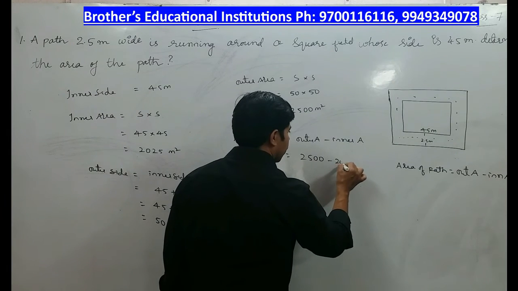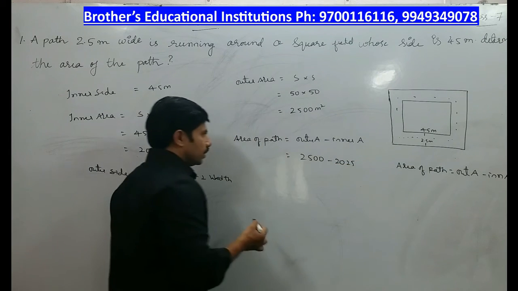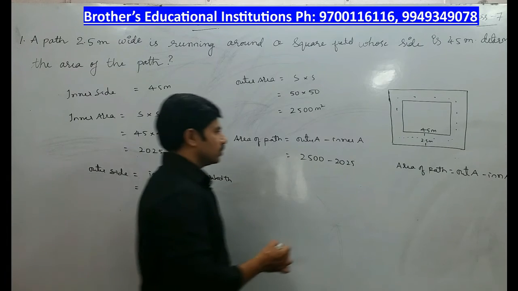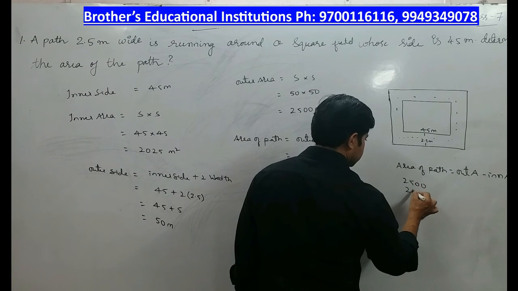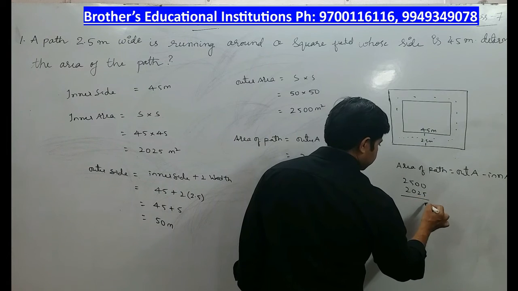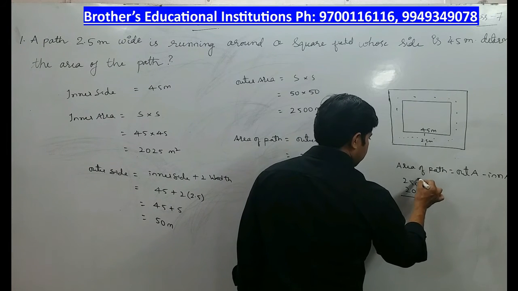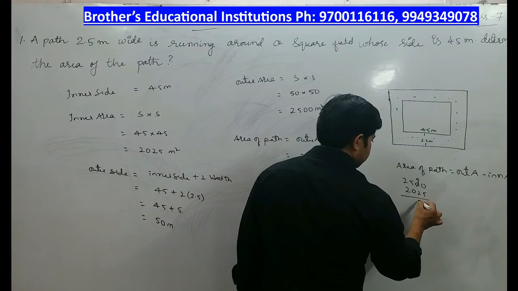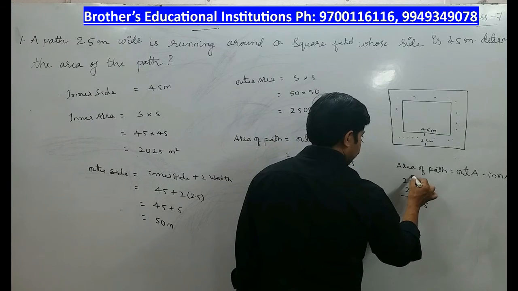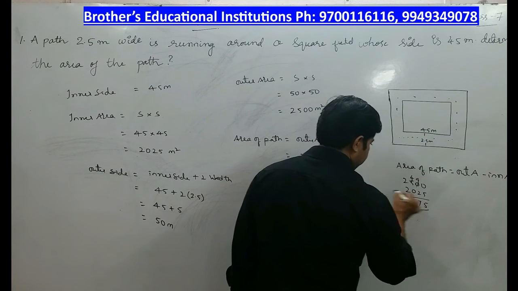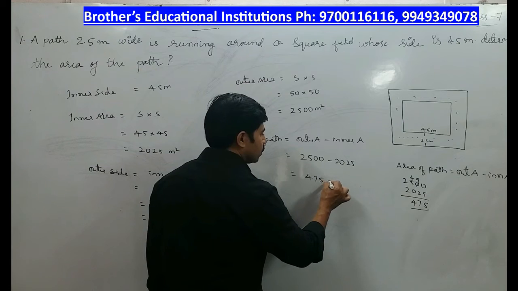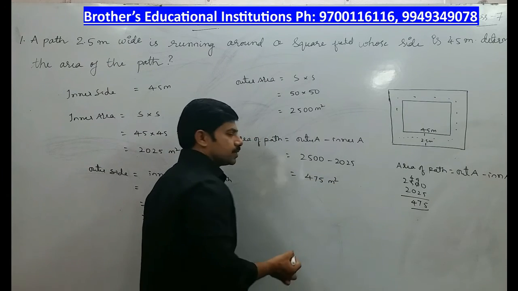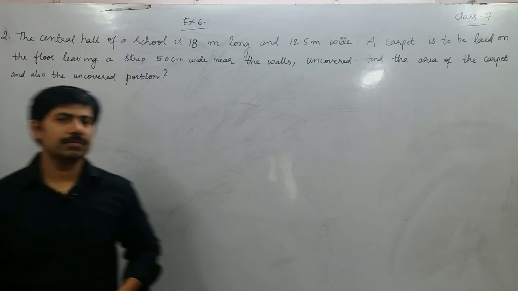So we need to subtract these two to get the area of path. So that is 2500 minus 2025. And here we get 475. So we are getting area of path as 475 meters square. Next problem.